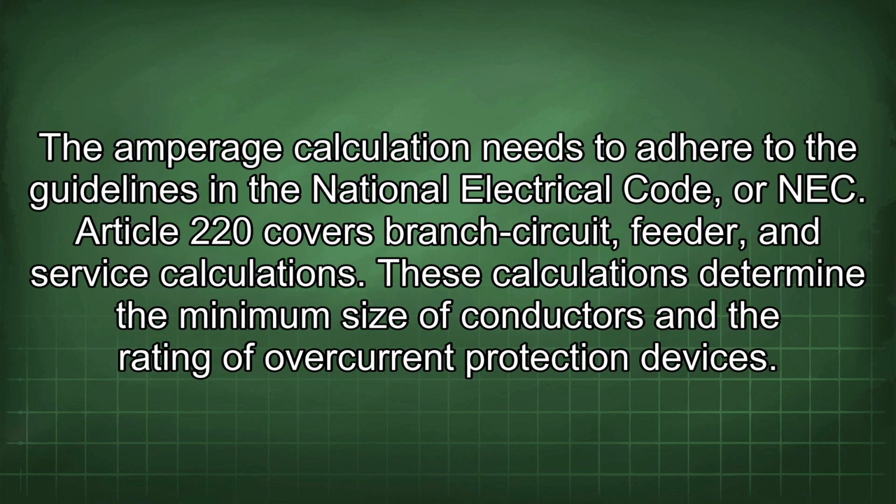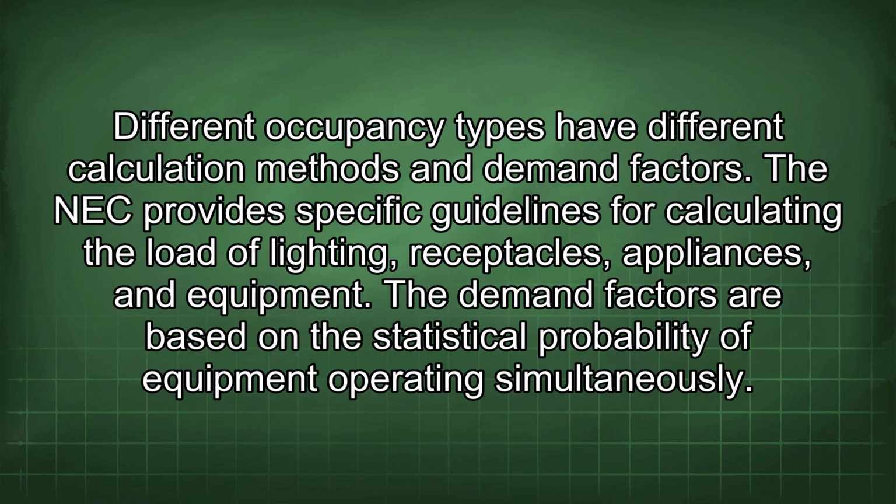The amperage calculation needs to adhere to the guidelines in the National Electrical Code, or NEC. Article 220 covers branch circuit, feeder, and service calculations. These calculations determine the minimum size of conductors and the rating of overcurrent protection devices. Different occupancy types have different calculation methods and demand factors.